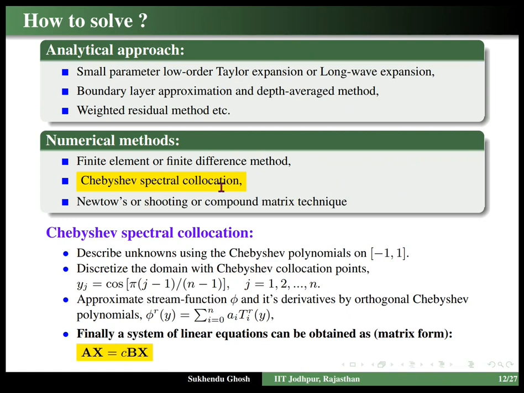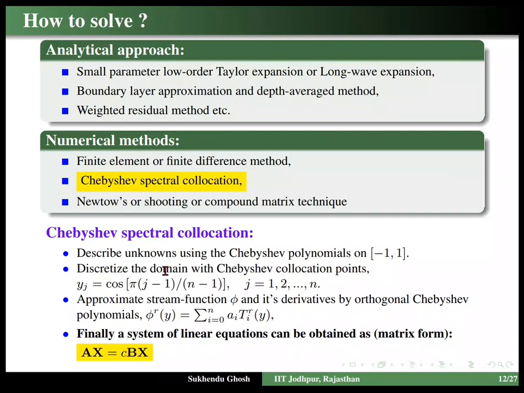What we do is convert our flow domain to the domain -1 to 1, the Chebyshev domain, to take help of the orthogonality property of Chebyshev polynomials. We discretize the domain with the help of Chebyshev collocation points. We approximate the flow variables in terms of a finite series of Chebyshev polynomials.